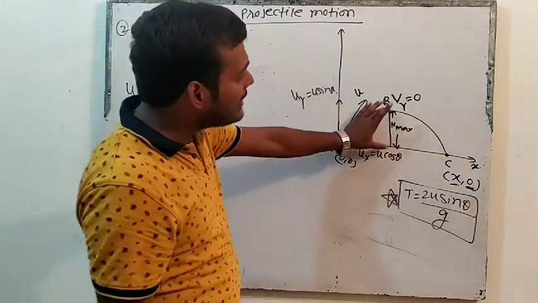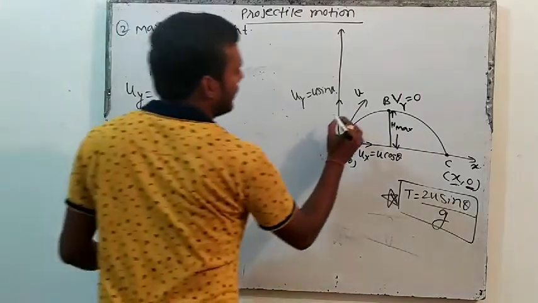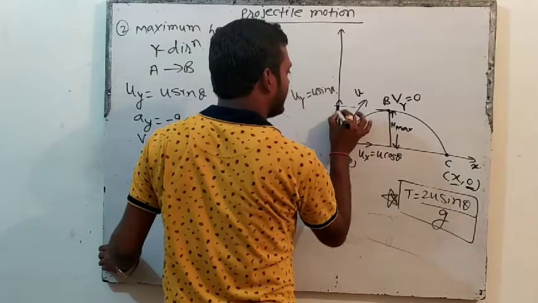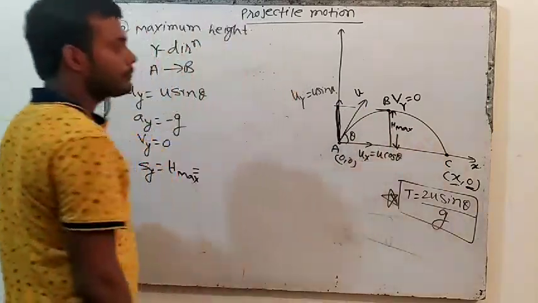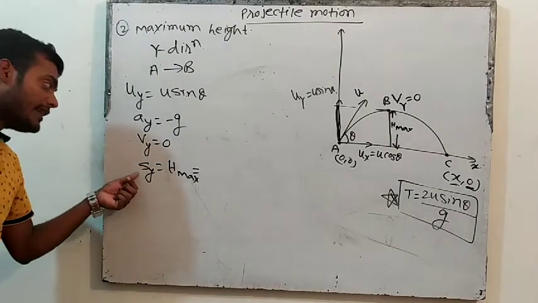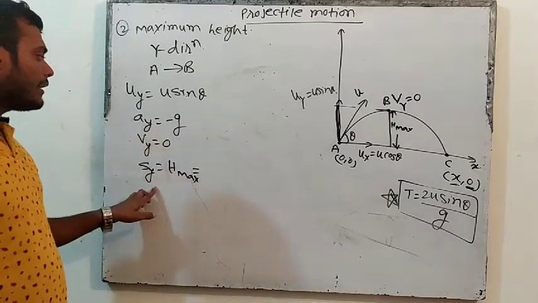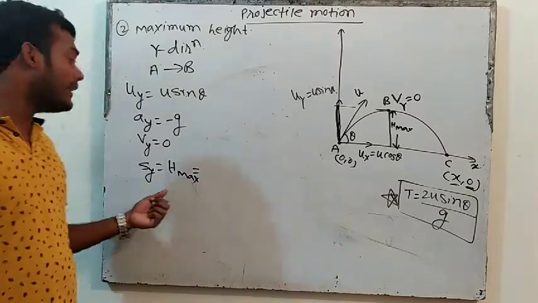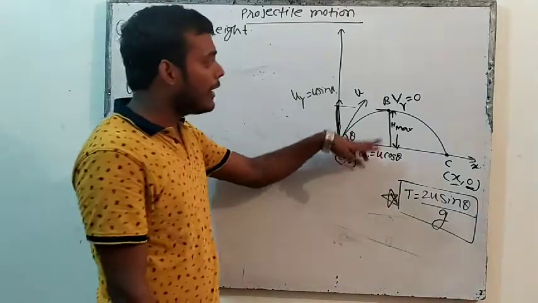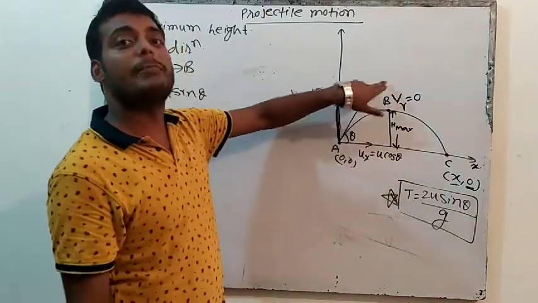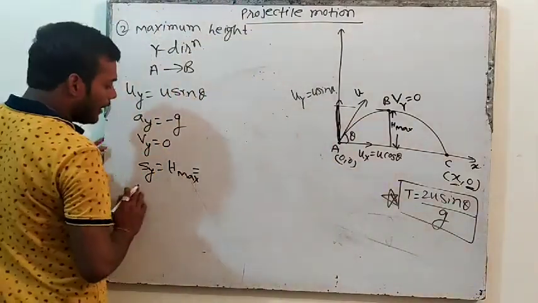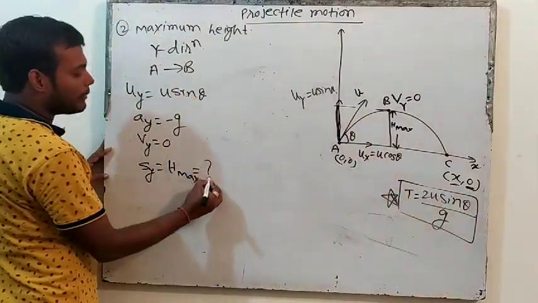So if we find this height, this is the displacement in y direction. How much the object is displaced in the y direction, that same thing is the maximum height. So if I calculate the displacement in y direction, we will calculate the maximum height.